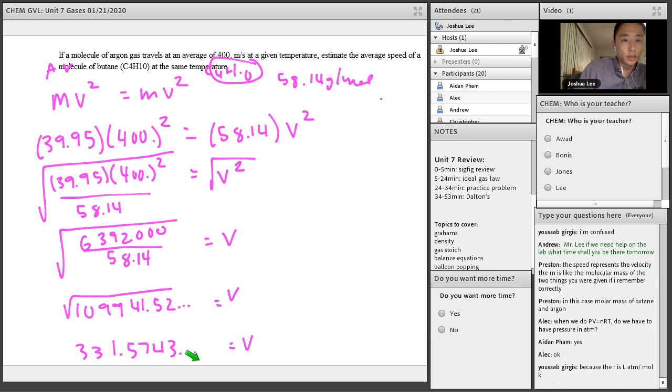And then correct number of sig figs would just be 3, which is 332 meters per second.